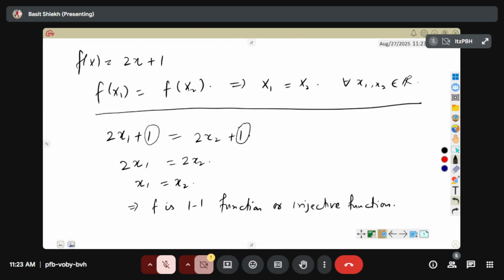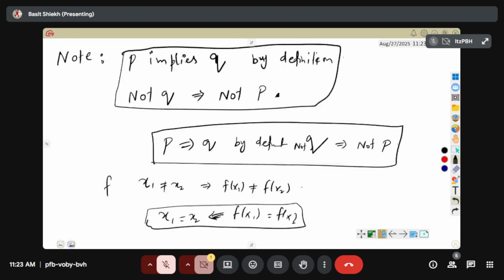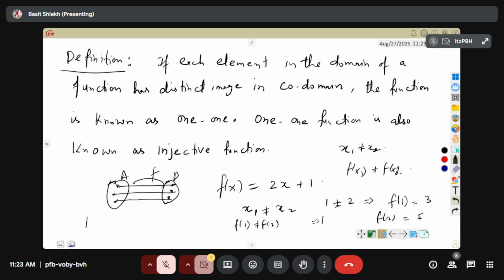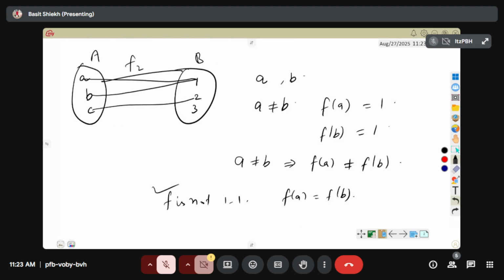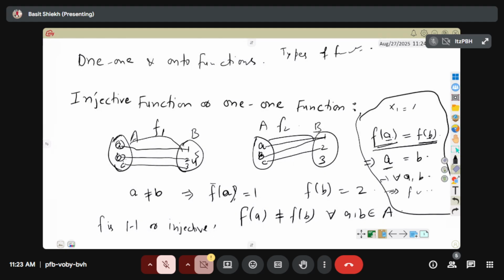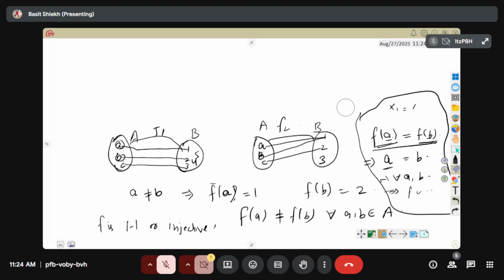If you want to write, you can write this also. Now we have methods. We are using three methods.